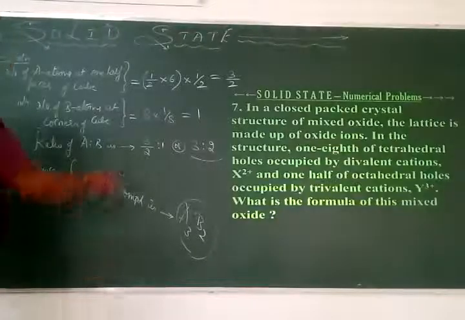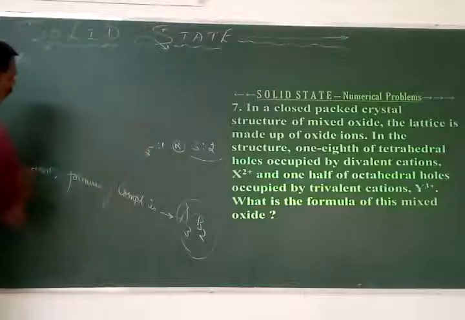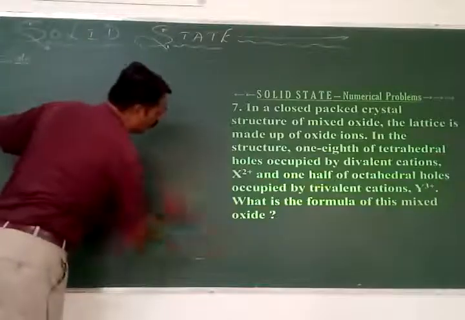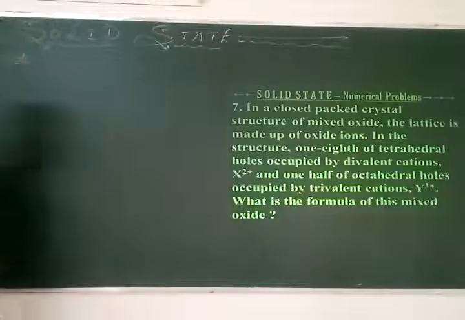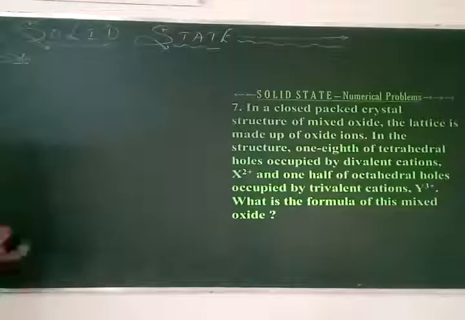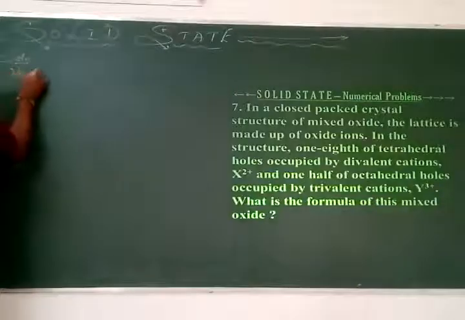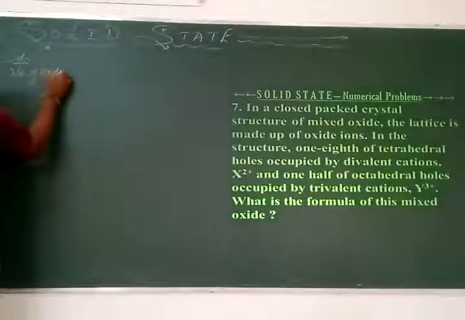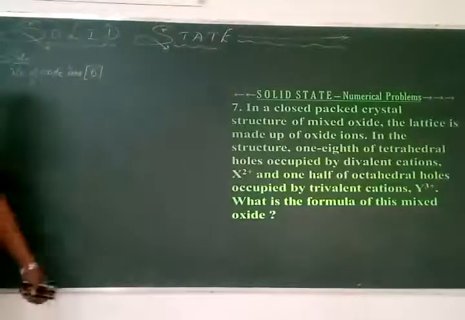Then what should be the formula of that particular compound? So here we are having 3 different elements: X, Y and oxygen. Here X is a divalent cation, Y is a trivalent cation and we are having the oxides. Number of oxide ions, I don't know the charge of that one. Let it be, for example, right now only O.